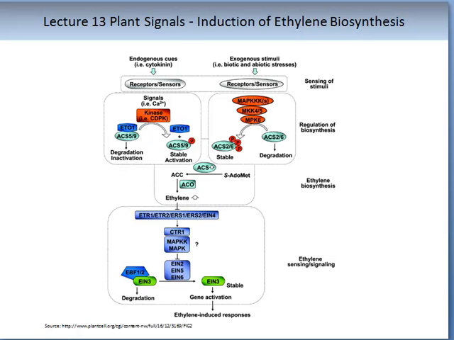The figure on the screen illustrates some of our understanding to date into the insights of this complicated process. You will not be required to remember this process, but only appreciate the complications. After ethylene biosynthesis has occurred, downstream ethylene sensing and signaling pathways occur. Again, these are shown on the slide.